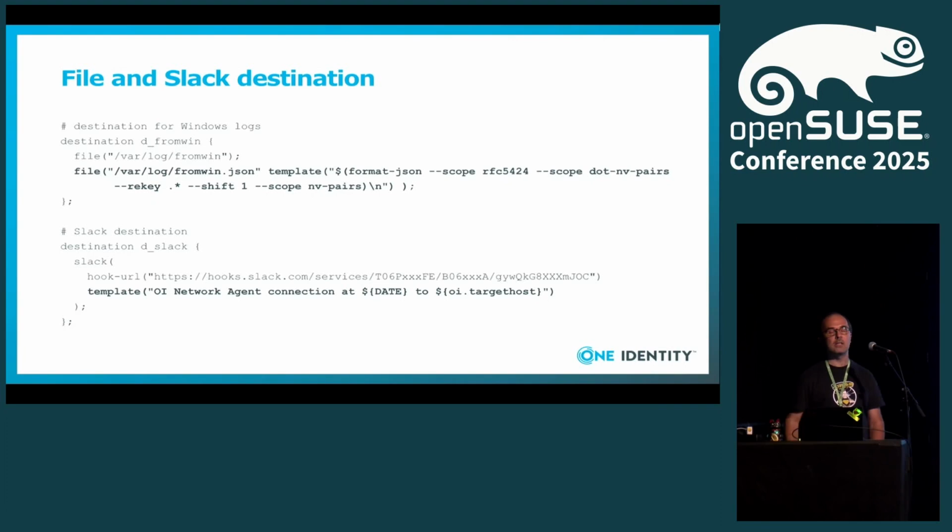At the bottom of the screen, we have a Slack destination for real-time alerting when there is something interesting happening on our network, as found by the pattern-db parser. And here, instead of sending the whole log message as received by Syslog-ng, we only send the parsed information to Slack, as it's much easier to read than a long log message.